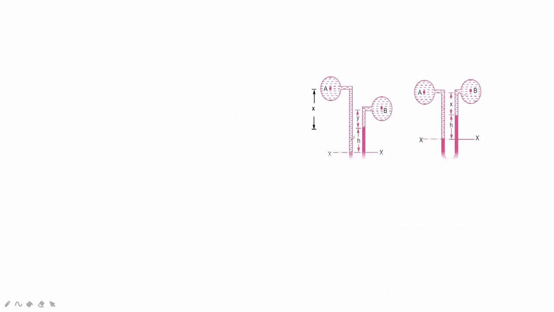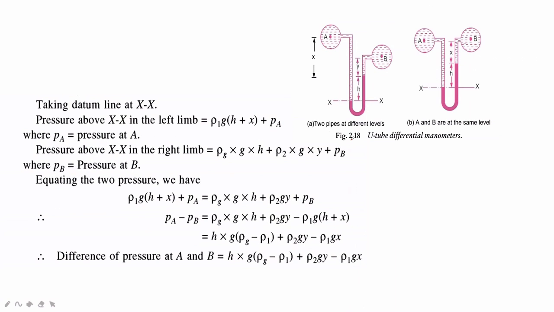So I'll show you. See, taking the datum line at xx, I took a datum line here. The pressure at xx in the left limb will be: first pa, the pressure in the liquid in the system, plus this liquid rho 1 g h1. But in place of h1 we have x plus h, which is nothing but your h1 when we compare to our earlier slides.